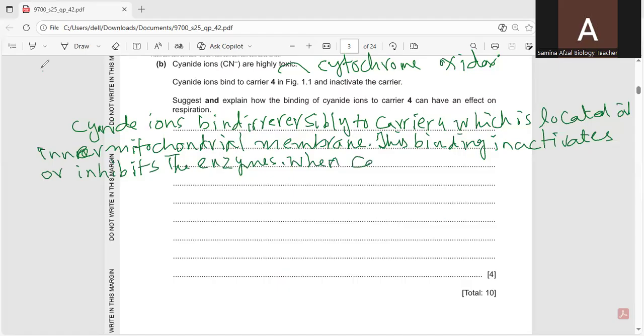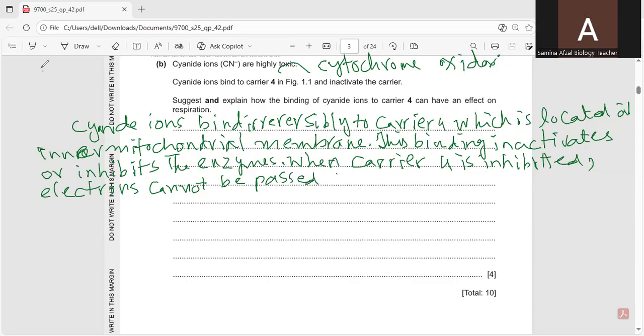When carrier 4 is inhibited, electrons cannot be passed to oxygen.